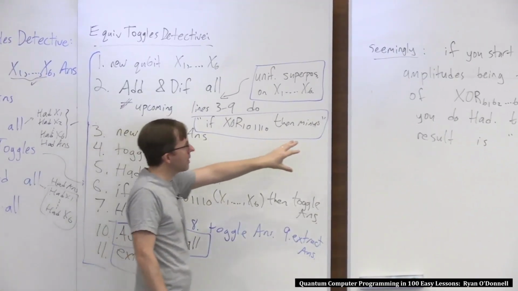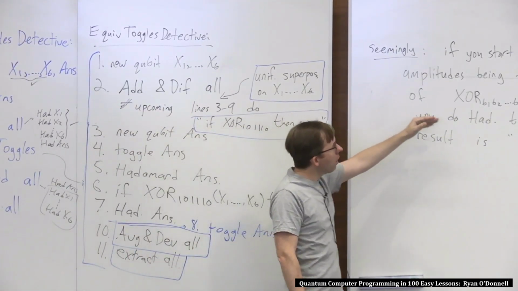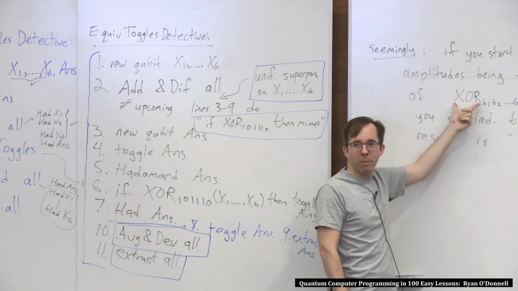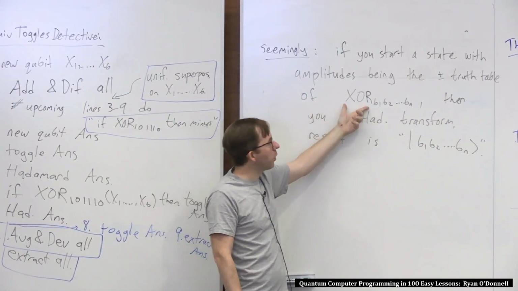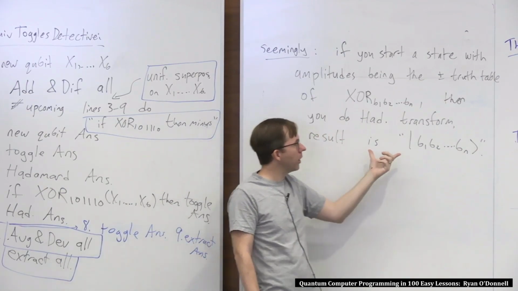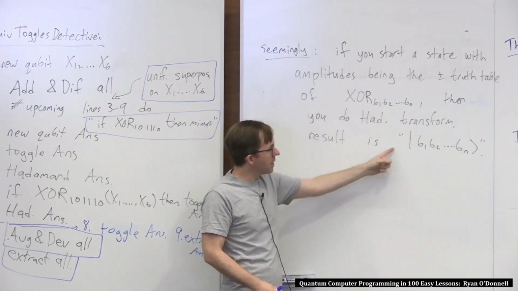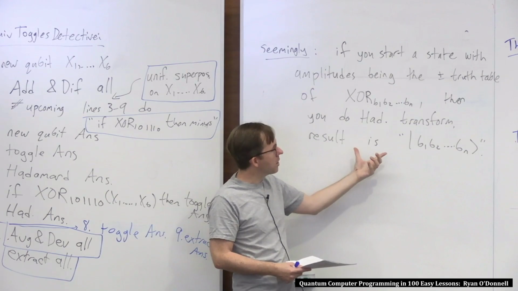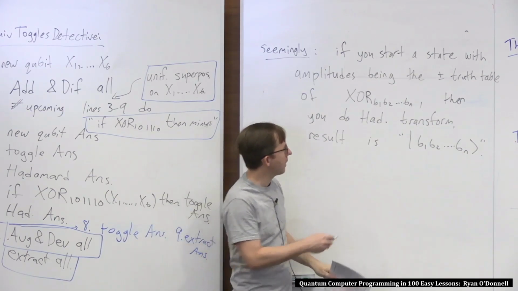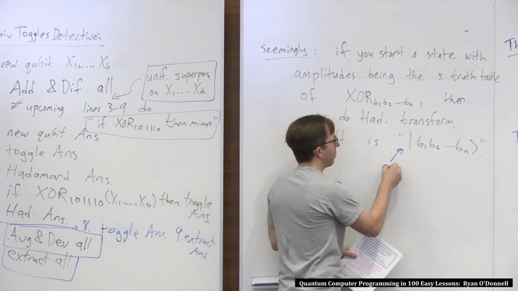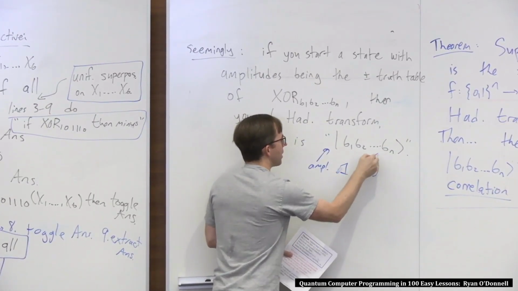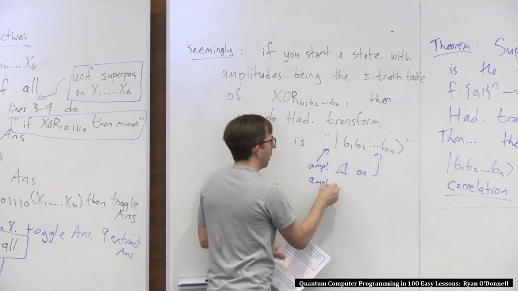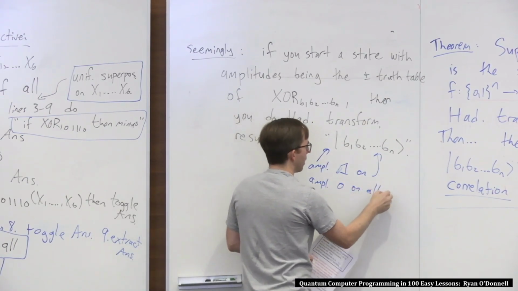Because in this case, we imagine starting with f, which itself was some bit-masked XOR function. So based on your intuitive notion of what correlation should mean, it should seem quite likely that this is the state that has amplitude 1 on this and amplitude 0 on all other basic states.